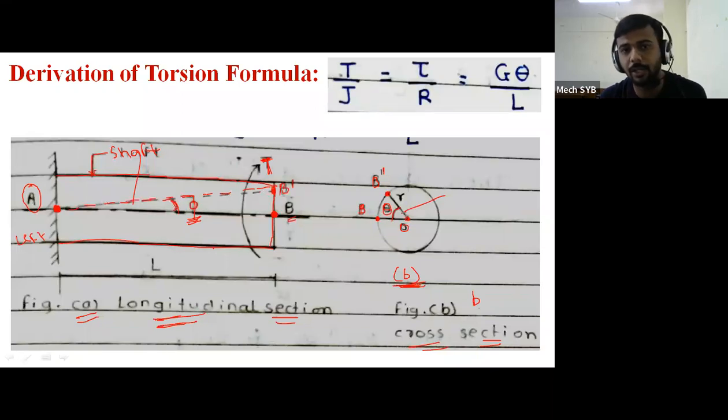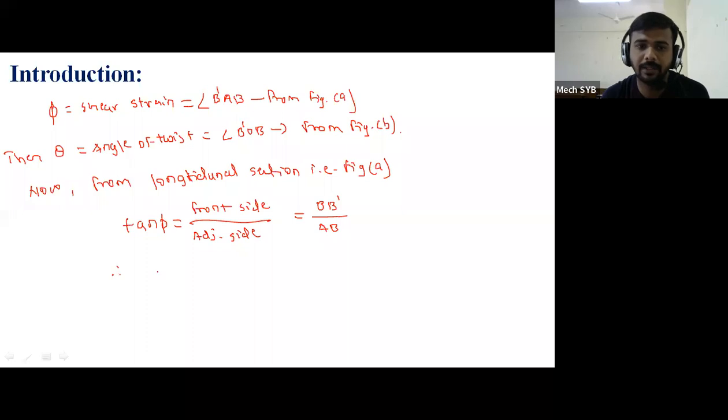So this value we are not considering as the adjacent side. So the front side of the phi value will be considered as BB dash and the adjacent side will be considered as AB. Therefore, you will get tan phi is equal to B B dash divided by AB.